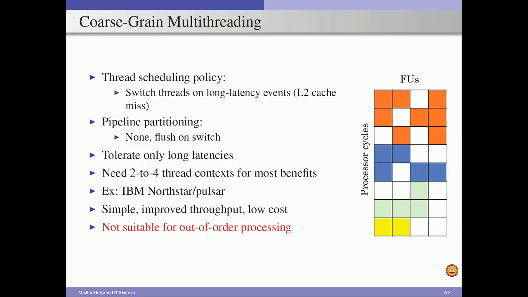If an instruction incurs, let us say, a 2 cycle latency, which creates a stall in the pipeline of 1 or 2 cycles, then this design cannot tolerate those latencies, because for low latency events we are not taking the context switch. As a result, we will waste those processor cycles.